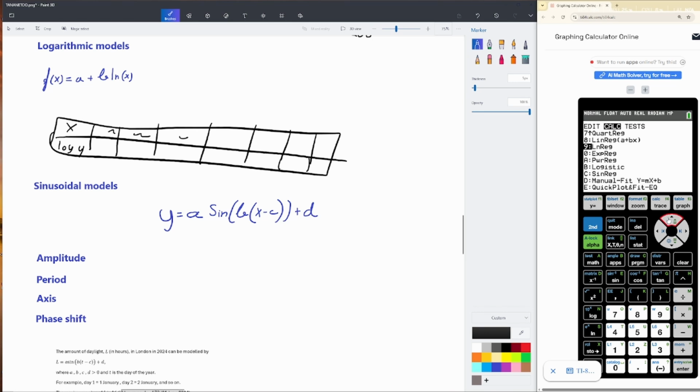There is a natural logarithm reg. This is if you have natural logarithm, and then you also have logistic reg. This is for logistic functions.